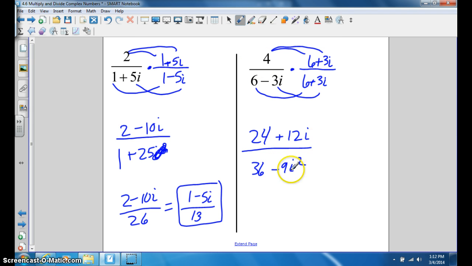And i squared, once again, equals negative 1. So we can cross that out and change our sign here. So we have 24 plus 12i all over 36 plus 9, which is 45. Now we have a GCF here, which is 3, so we can divide each of these by 3, and we're left with 8 plus 4i all over 15.